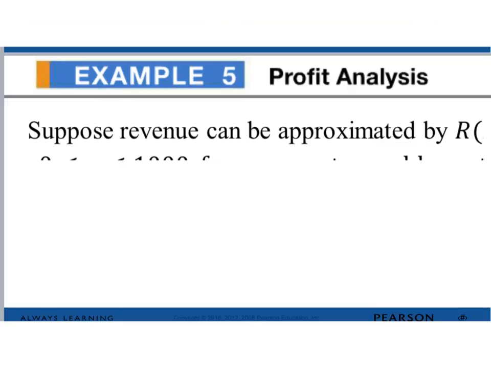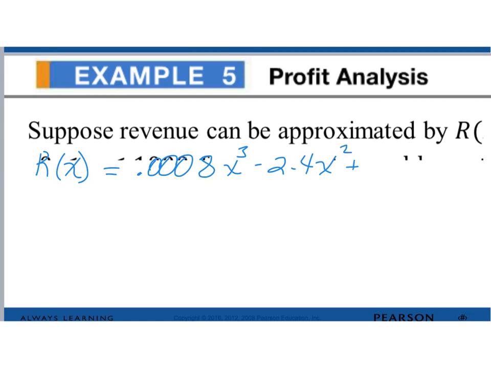So going on, okay, and I see my slide is a little messed up here, so let me fill in what you can't see. The revenue for x computers is equal to 0.0008 x to the third minus 2.4 x squared plus 2,400 x dollars.